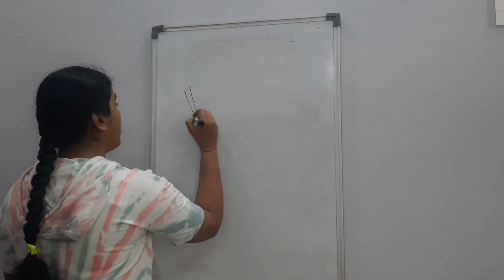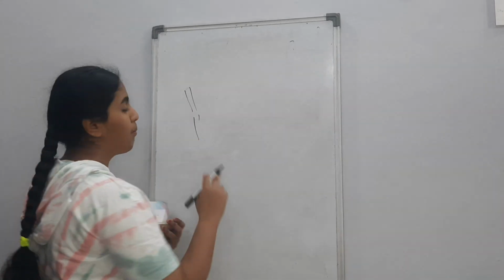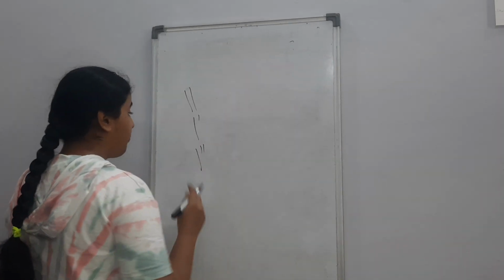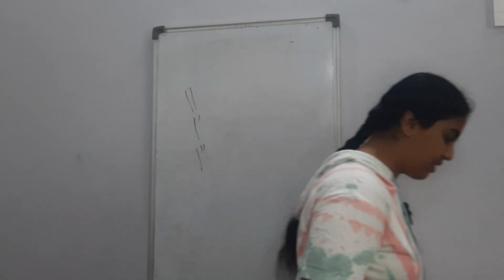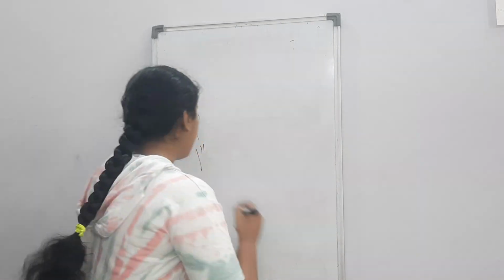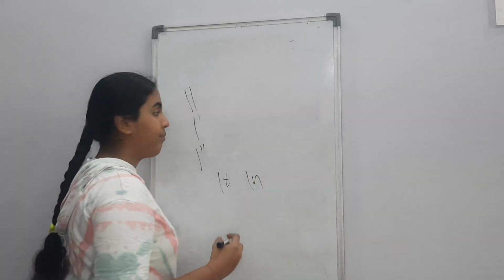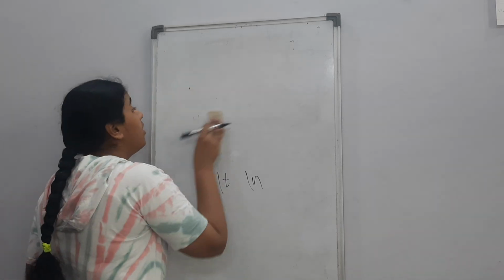If I have to insert a single quote without breaking my string, then it would be backslash and single quote, or backslash and double quote. Now, these are some escape sequences. Usually the escape sequences that we generally use in Python are either backslash t or backslash n, or these three that I just mentioned.